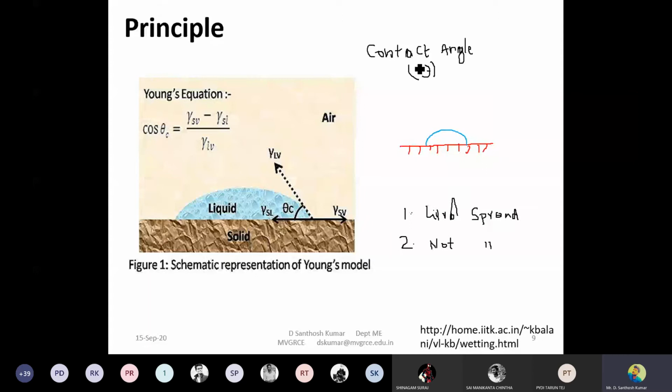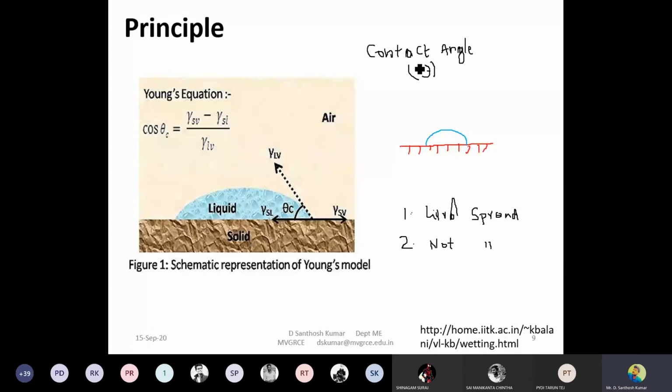It helps to take a decision whether the liquid and solid have good wettability and good interactions. That will be decided by this process parameter only, that is contact angle. So let us call it theta.